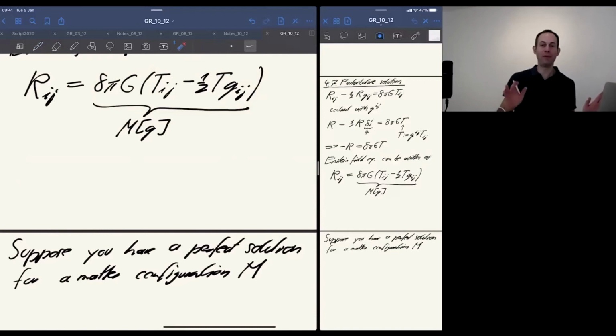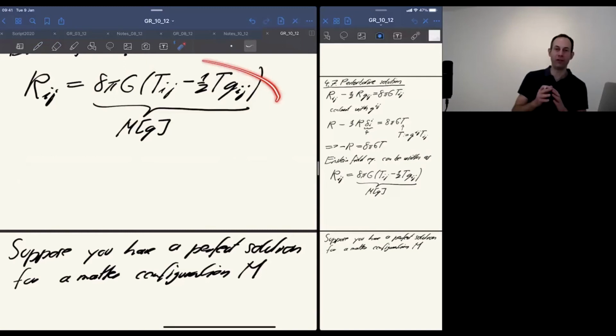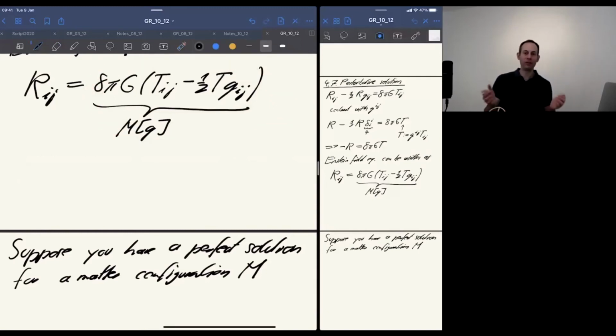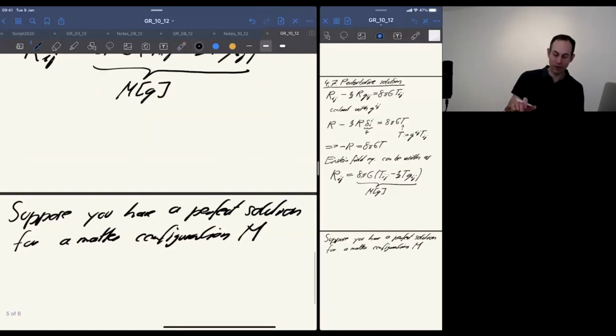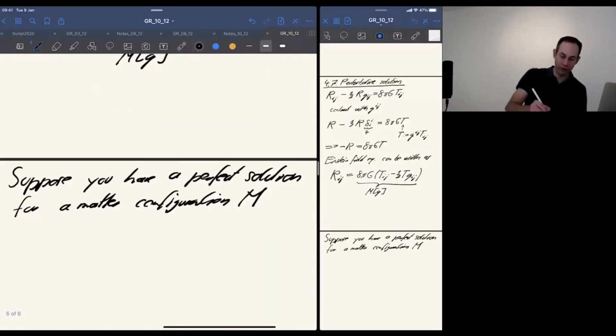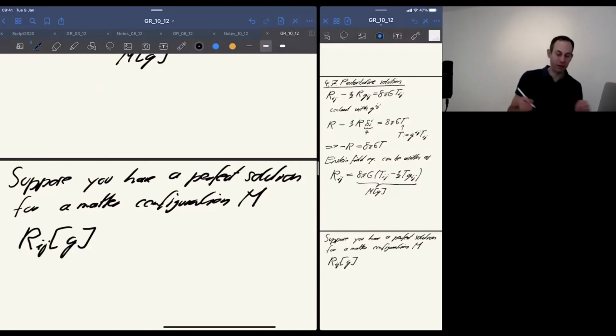Of course, as I said before, we don't have many such solutions, but for example, we have a solution if the right-hand side is just one centrally symmetric mass, for example the one that gives rise to the Schwarzschild solution. So what does it mean to have a solution? It means that we have a G. So the solution is a metric.